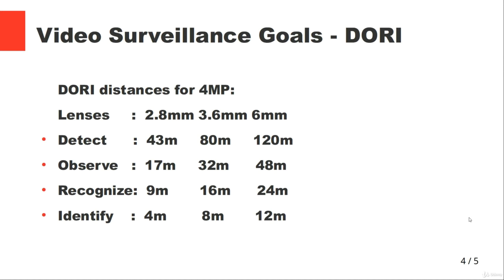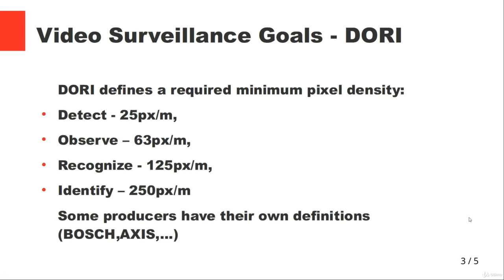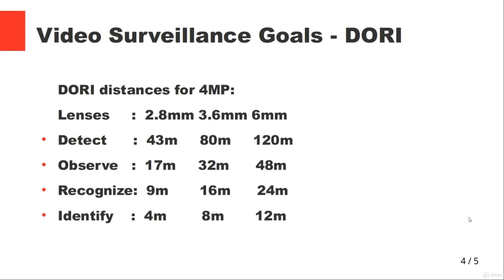So you have a detect level, for instance, for 2.8, 43 meters, observe 17, recognize 9, identify 4. So that's the maximum distance the person or object can be in front of the camera to get those levels as in this slide.